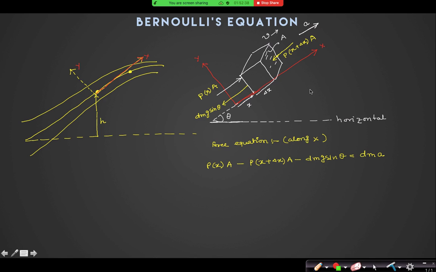Now what is dm, by the way? It is A times delta x times density rho.